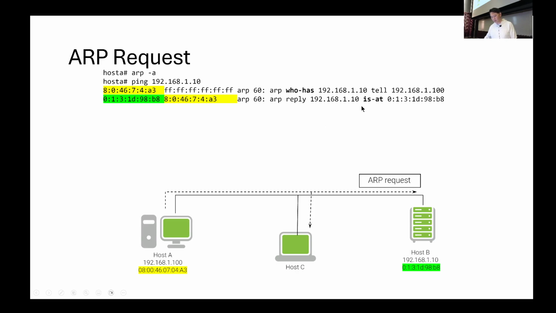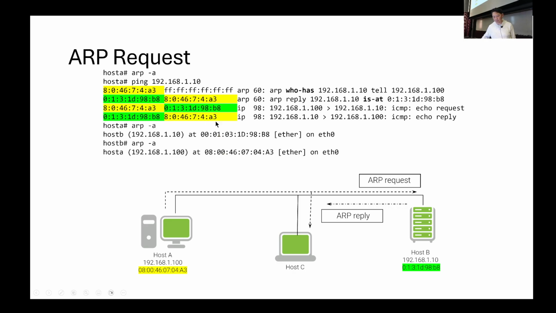But actually, this IP belongs to host B. So host B responds to host A, right? This reply is in the is-at operation mode. In this way, after these two, the request and the response, they can communicate and show the reachability.